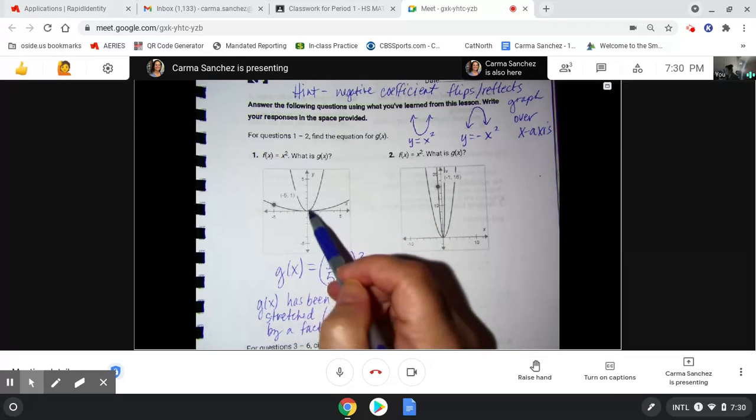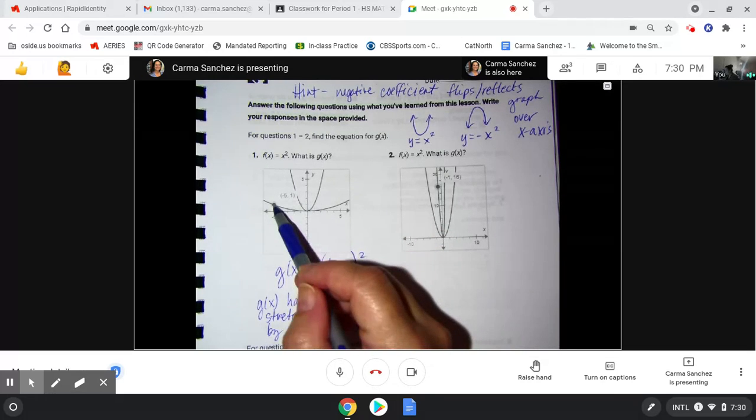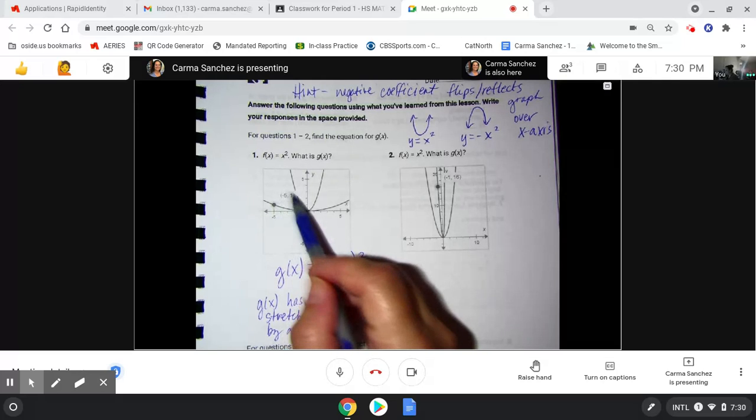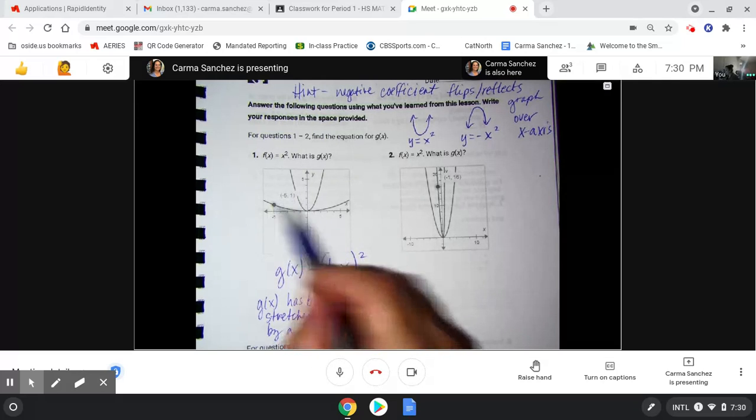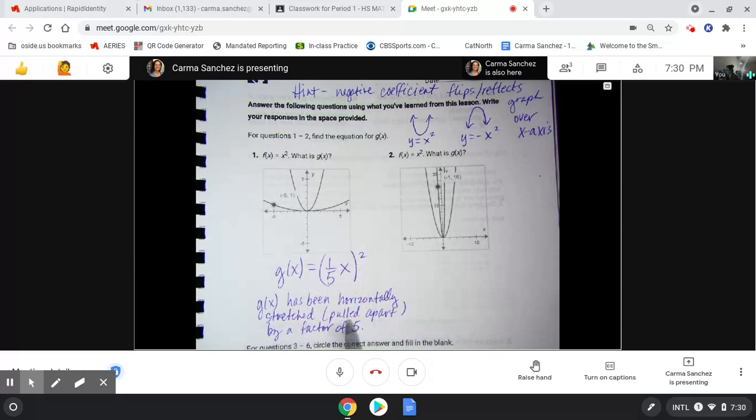Notice that instead of it going back 1 up 1, it's now back 5 up 1. It's been 5 times the normal. It was normally back 1, it's back 5. It's been stretched or pulled apart by a factor of 5.